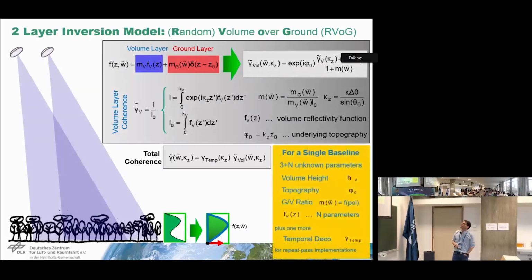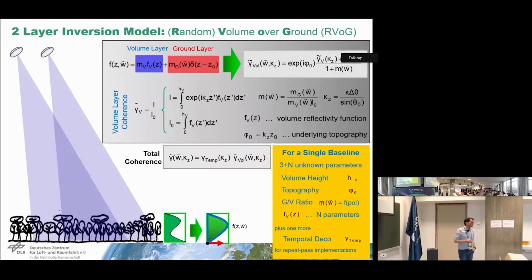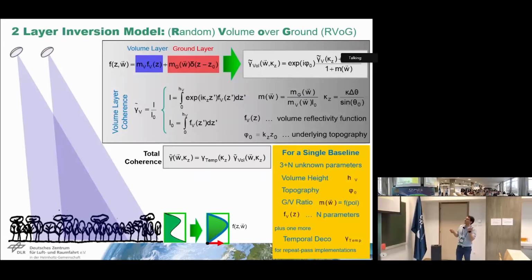What is important to know is that already this simple model has a number of parameters. Let's say topography is unknown, and it's one parameter, here phi 0. The height is unknown, and it's another parameter. So you're already at 2.